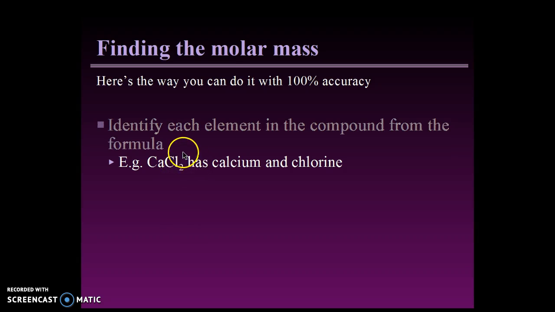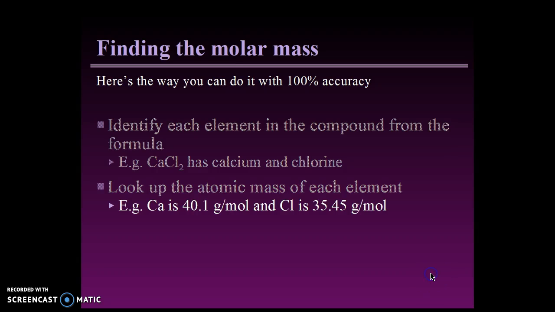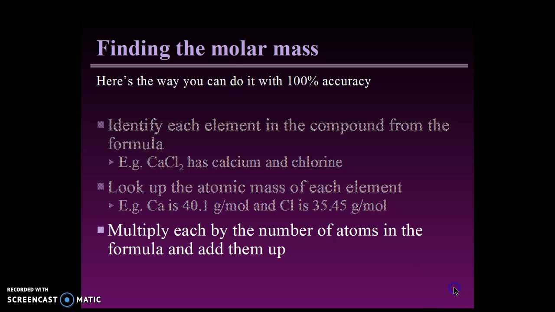Now understand, this is not the Cl2 that is the green element gas. This just says there's 1 calcium ion and 2 chloride ions in the compound. Then you look up the atomic mass of each element on the periodic table or on a table of atomic masses. And you find calcium is 40.1 grams per mole and chlorine is 35.45 grams per mole.